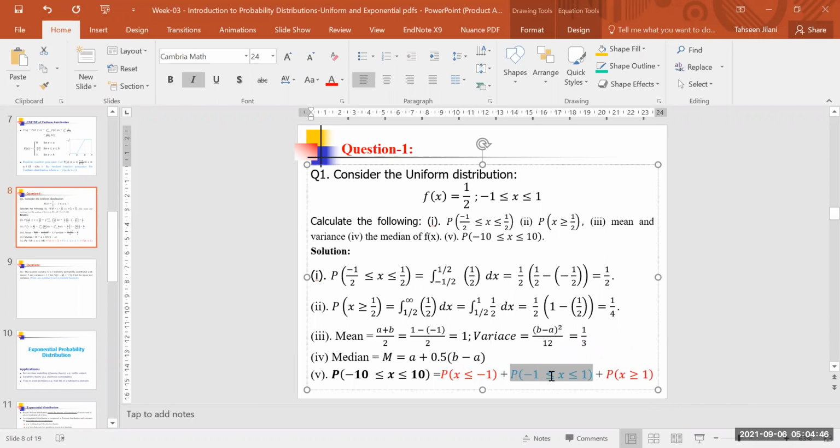The only step that we can do is to find the probability between -1 and +1. The good thing is that the function is between -1 and +1, so this probability will be equal to 1. The area under this range will be equal to 1. So whenever I ask you a question beyond the limits, for example, the limits are -1 to +1 and I ask you -10 to +10, you have to think how to resolve it.